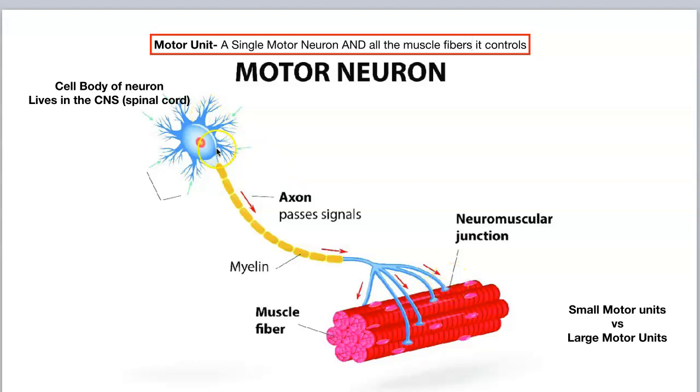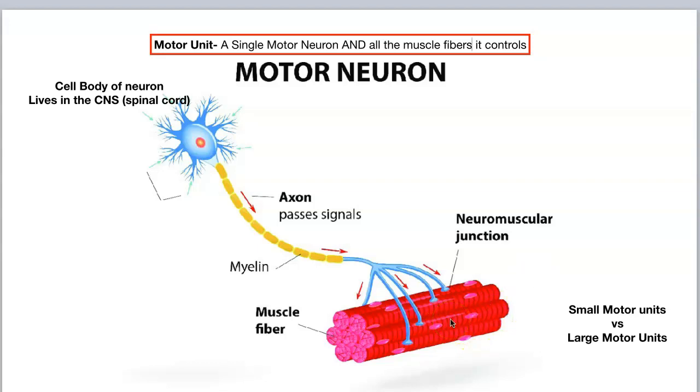So when they are sending down their electrical impulse, they are only going to be moving 2 or 3 muscle fibers. Now, why would we have such small motor units? If you are doing something real delicate, like threading a thread through a needle, you don't want to be firing off hundreds of muscle fibers.